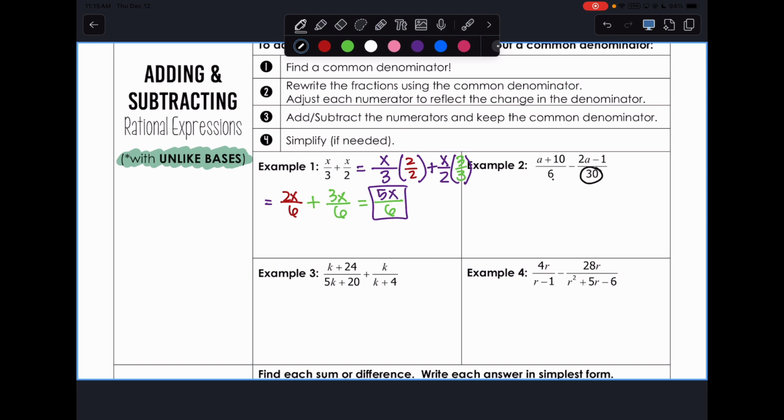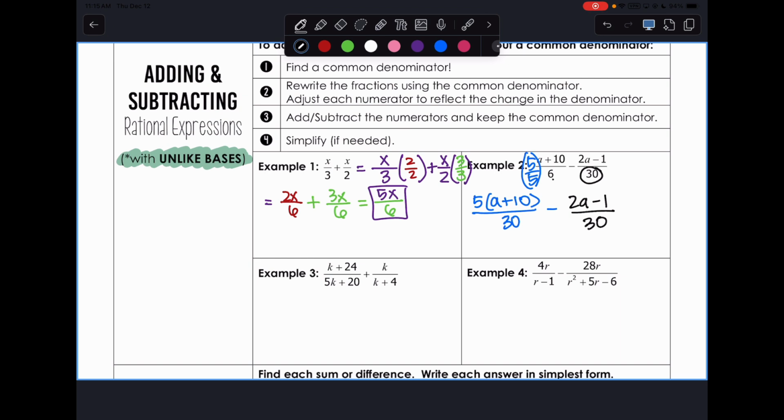The 6 needs to be multiplied with 5 over 5, right? So numerator is going to be 5 times the quantity of a plus 10 over 5 times 6 is 30. Minus. Second one should stay as is, so 2a minus 1 over 30.